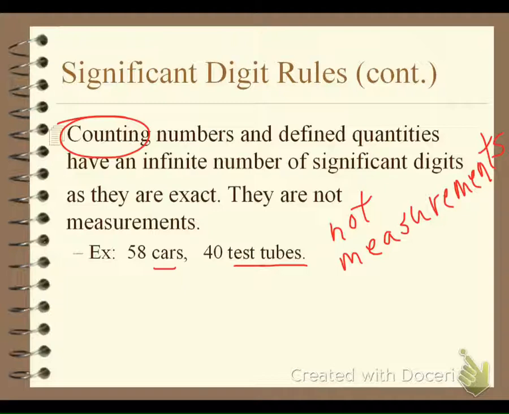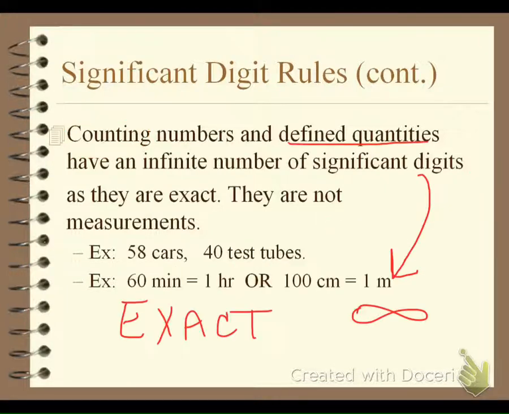So they would have infinite significant digits. An example of a defined quantity: 60 minutes equal an hour, 100 centimeters equal a meter. These are exacts. They are not measurements. They have an infinite number of significant digits.